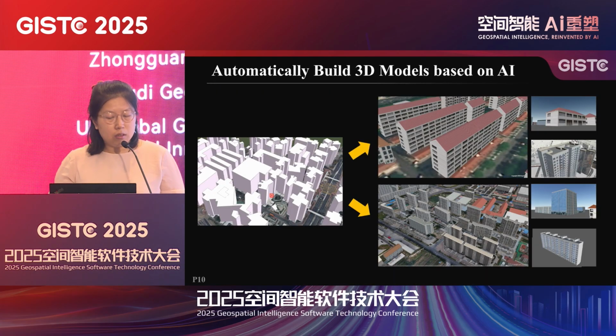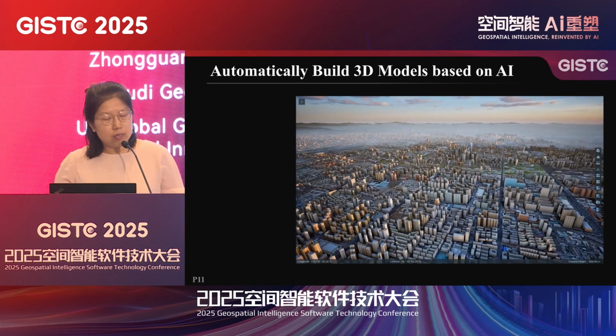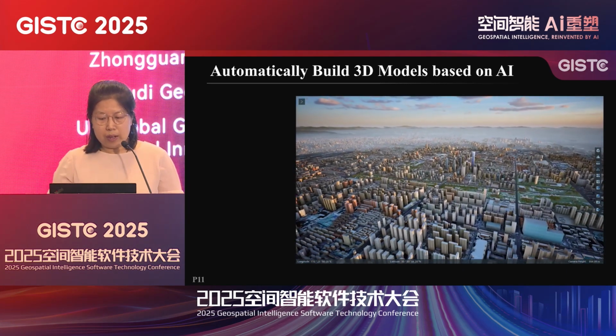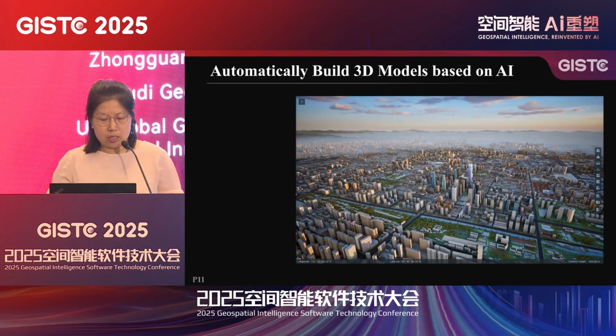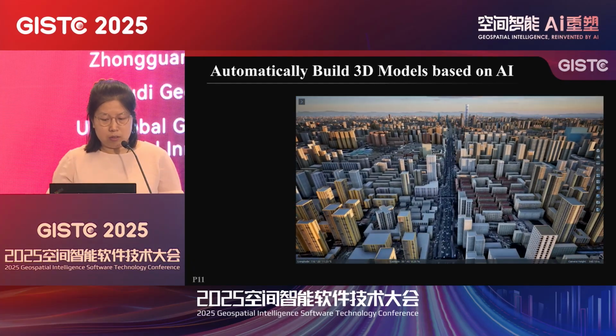And based on various SuperMap built-in material types, vector data of building footprints, roof types, and building heights, we can quickly generate building models with just one click. And with this modeling capability, we can rapidly create city-scale building models.